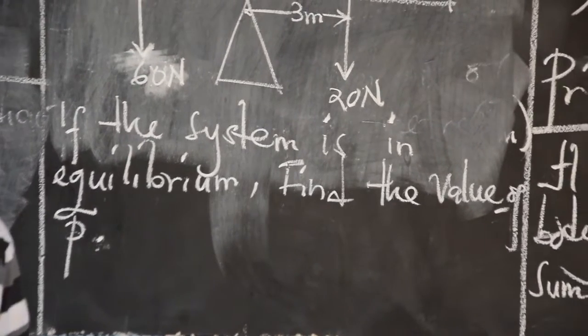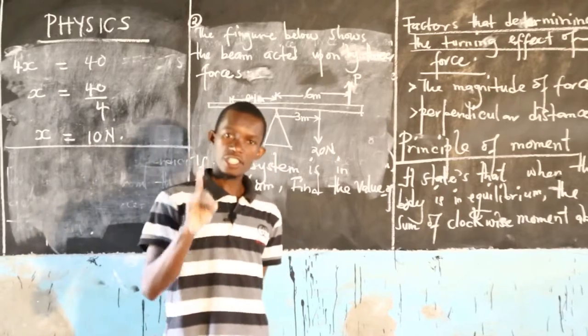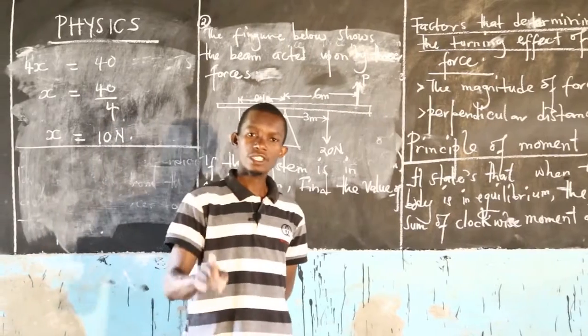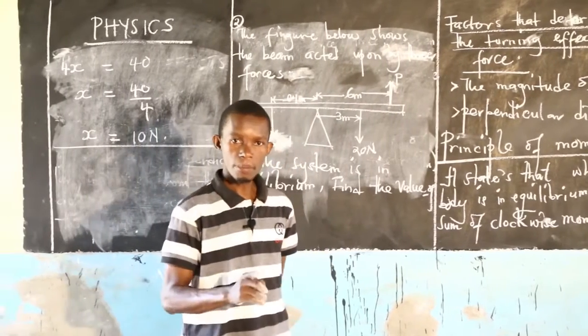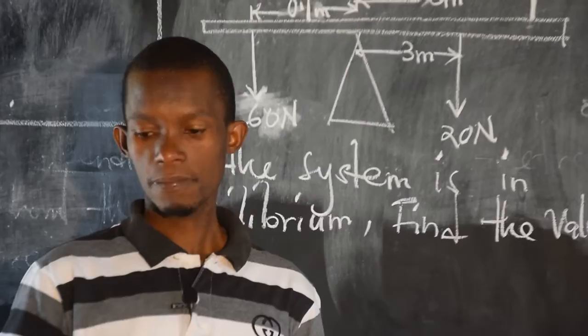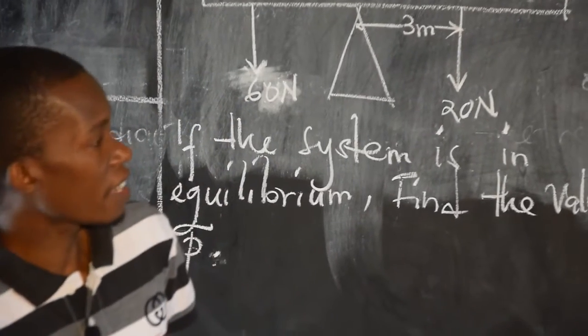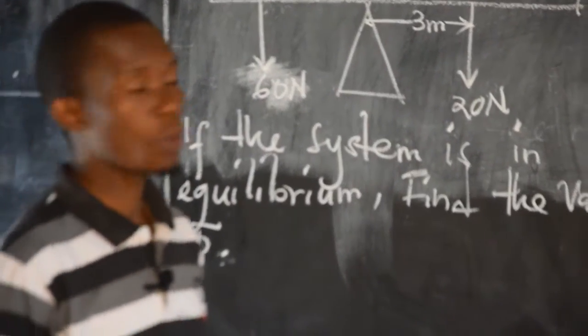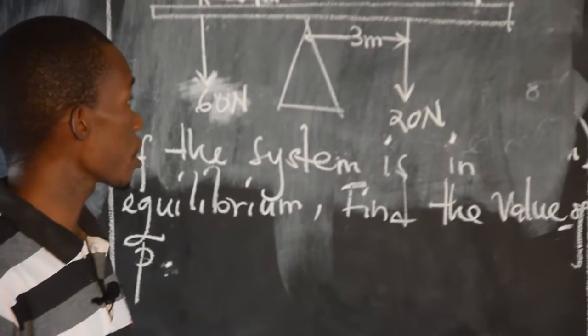But you need to identify which force is in clockwise moment, which force is in anti-clockwise moment. You need to get to know that. So, after verifying that, you will be able to calculate.